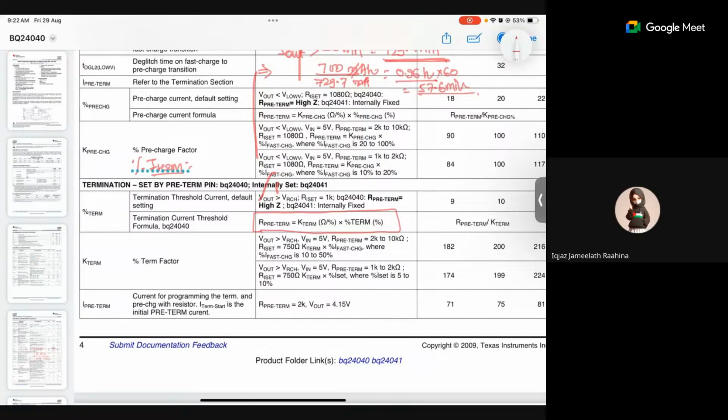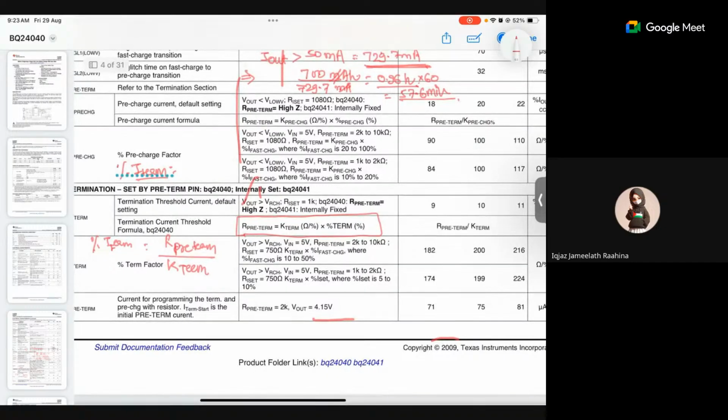According to this formula, our percentage term is equal to R pre-term divided by K term. Now what is K term? If my pre-term resistance is between 2 to 10K and fast charging is 10 to 50%, we use this value.